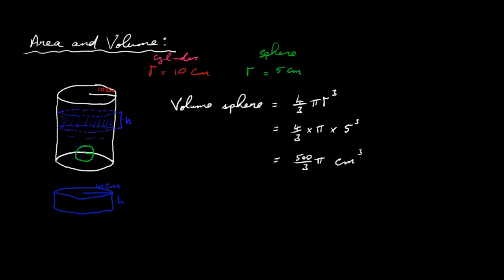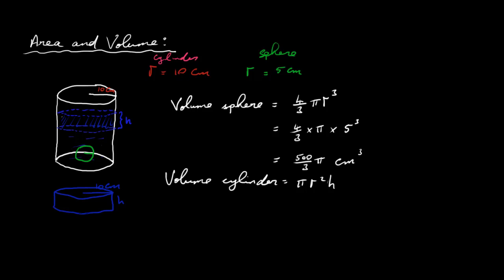So really we know the volume of this part of the water here. We know the volume is 500 over 3 pi centimeters cubed. It's in the shape of a cylinder. So we know that the volume of a cylinder is pi r squared times h.